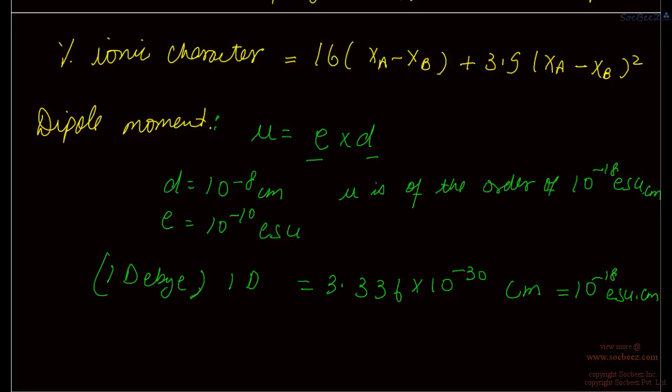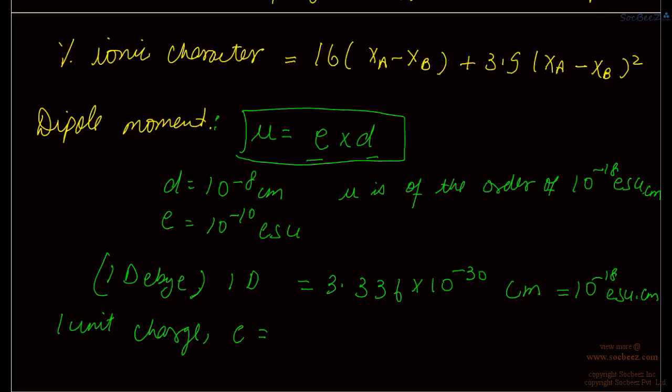In this formula you will be given the value of d and you will be required to calculate mu. And 1 unit charge, e, equals 4.8 into 10 raised to the power minus 10 ESU.